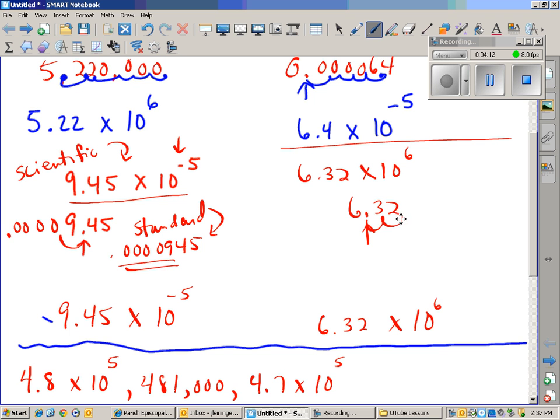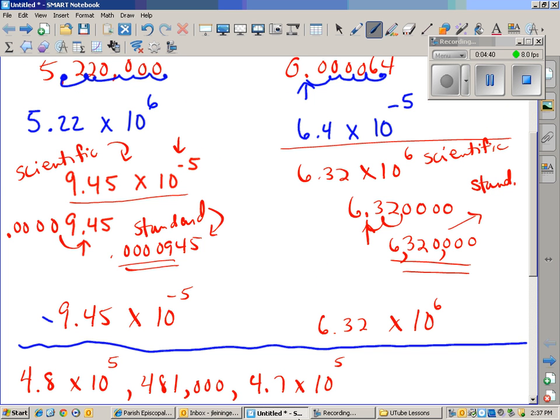I need 4 more moves. You can simply add 4 more zeros. So I have 6, 3, 2, 0, 0, 0, 0. Now you need to put your commas in and make this a real number. There's a comma, there's a comma. So 6,320,000 is the standard notation for the scientific notation that we started with.